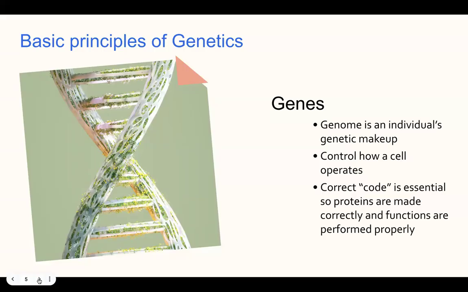They carry the instructions for proteins that direct the activities of cells and functions of the body. It's essential that each gene have the correct instructions or code for making its protein so that the protein can correctly control how quickly a cell grows, how often it divides, and how long it lives. So if you think about it, they really control how a cell works.